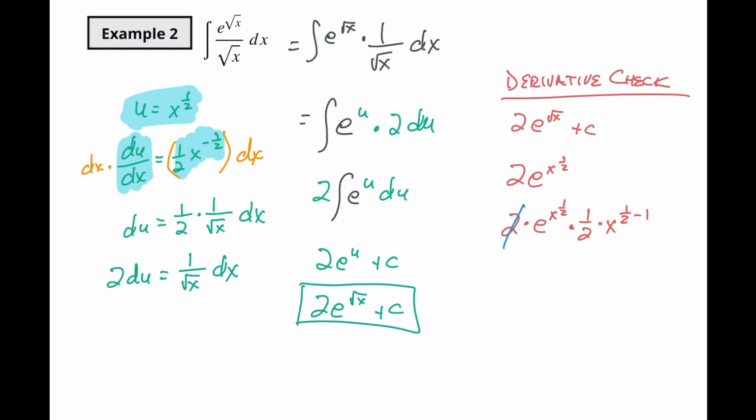Okay, our 2 and our 1/2 will simplify out, and we've got e to the x to the 1/2 power times x to the negative 1/2 power. Let's put these back into square roots, and we've got e to the square root of x over, because we've got a negative power there, square root of x. And we are back to our original function.